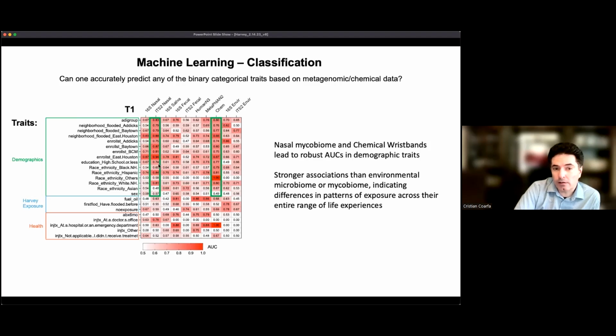And actually, I found these associations interesting because they were much stronger than the ones that we determine simply by measuring the environment, which points out that these demographics have profound impacts, and they lead to profound changes in individuals across their entire lifespan, not just where somebody lives, but where somebody works, where somebody travels, where they do their shopping, etc., etc. Okay, so this is actually fascinating.